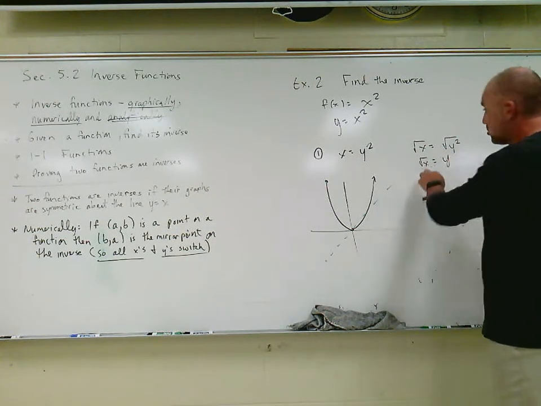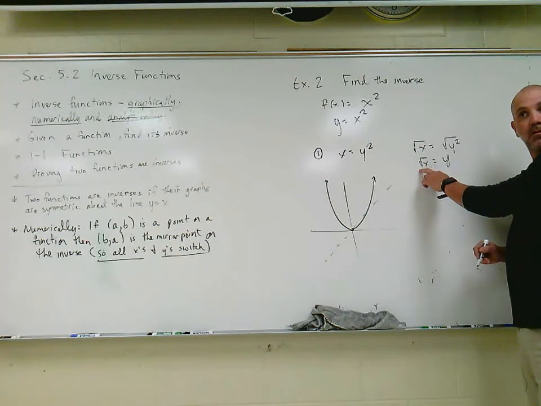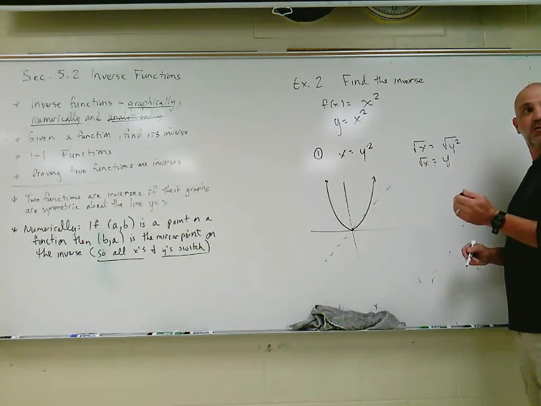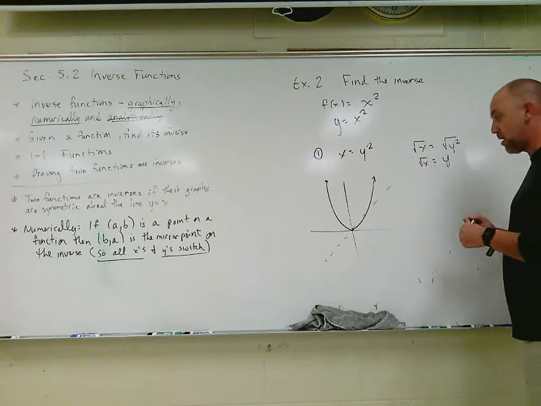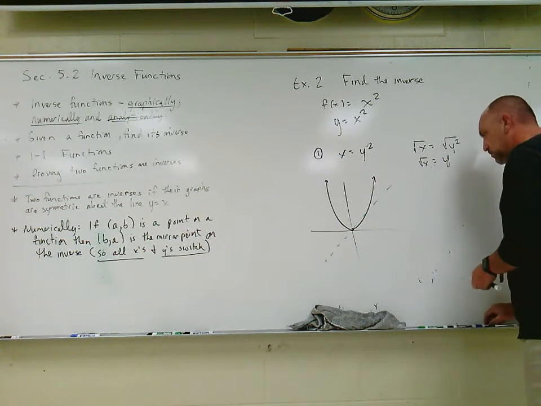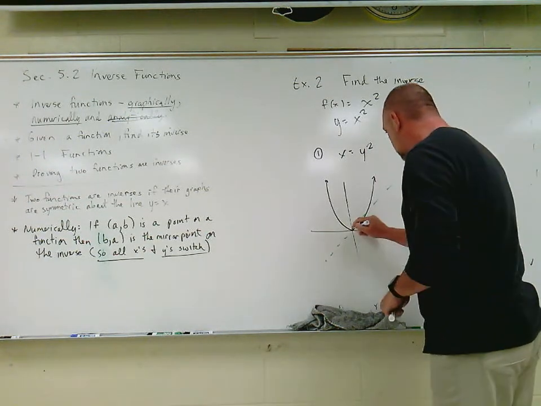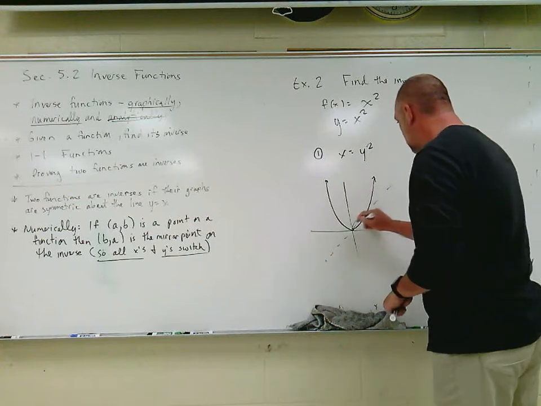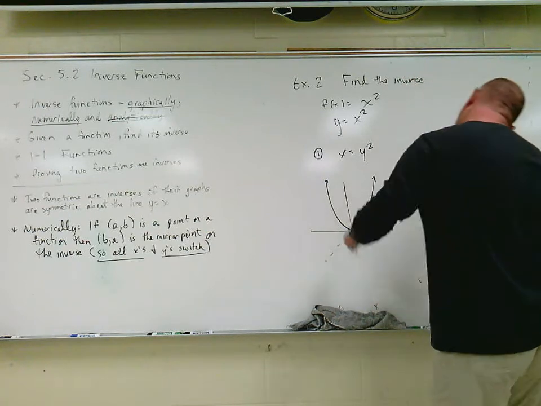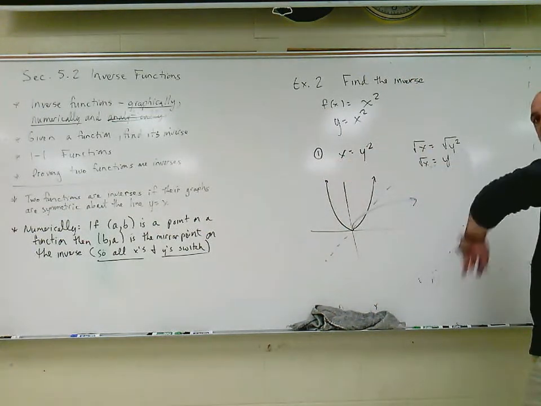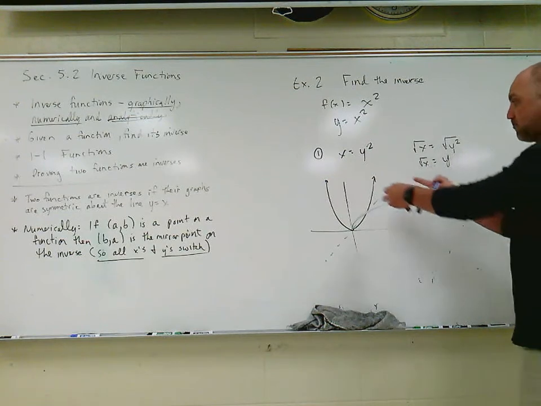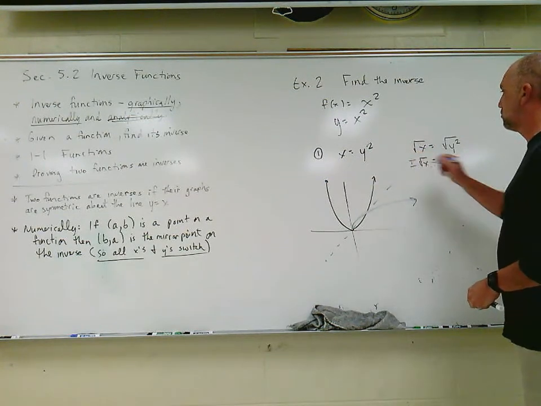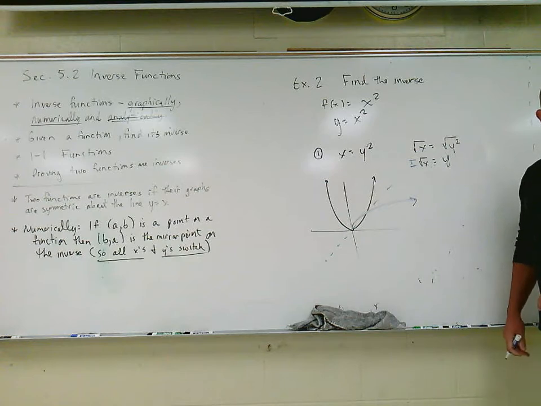So I get just square root of x. What does square root of x look like? Just the top half, like this. But notice the whole thing didn't flip. So in order to have the whole thing flip, I should put plus or minus right there.